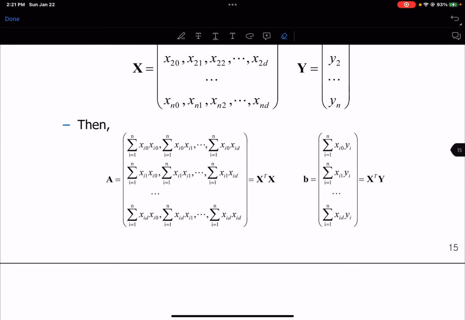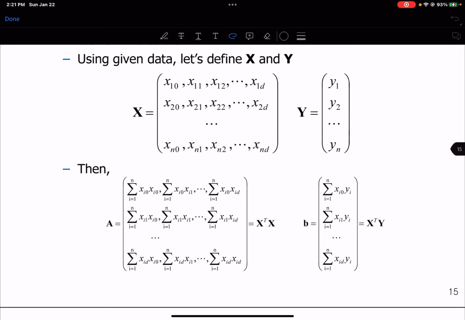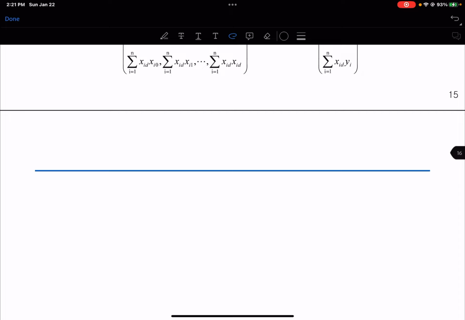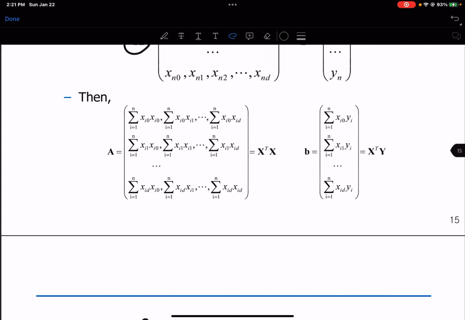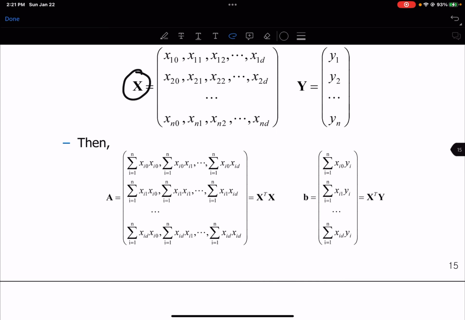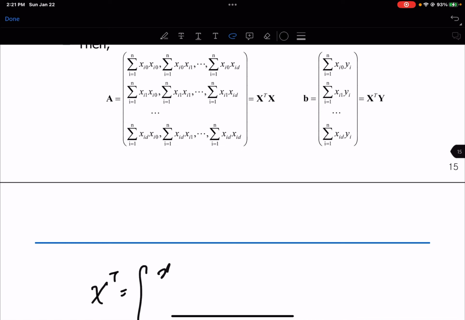So what if we are given a matrix X and we take the transpose of this matrix? X transpose will change the columns into rows. 1 0, 2 0, 3 0, 4 0.